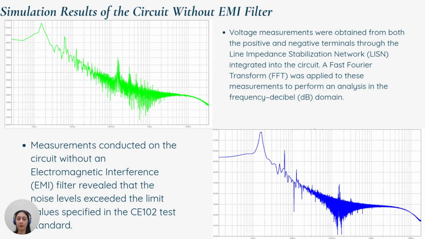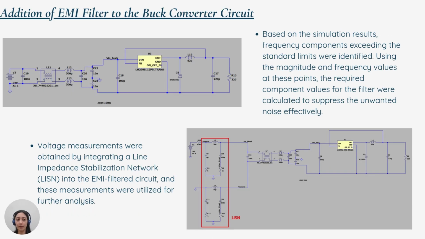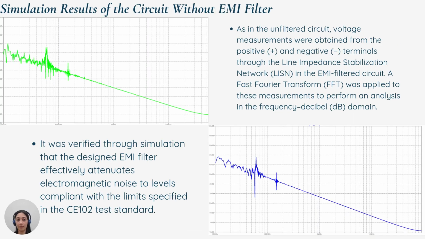In the unfiltered configuration, FFT measurements showed noise levels exceeding CE102 limits. Based on this data, we identified the necessary cutoff frequencies and designed an EMI filter accordingly. Here you can see the designed filter added with the LISN connection, and the measurement results show that our filter successfully reduced the noise within CE102 limits.